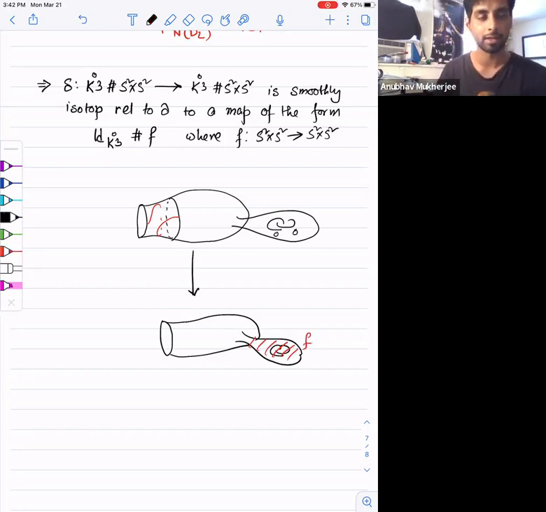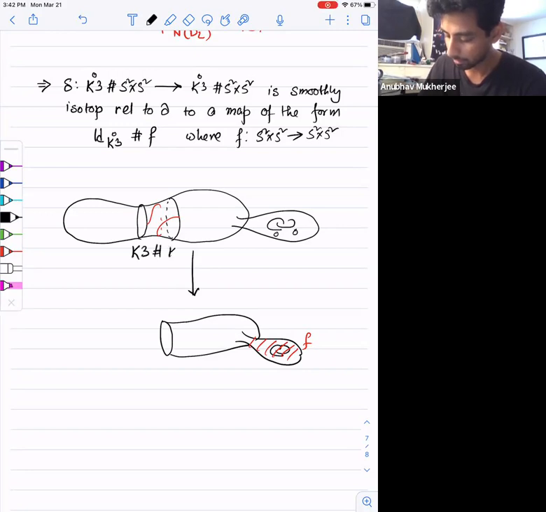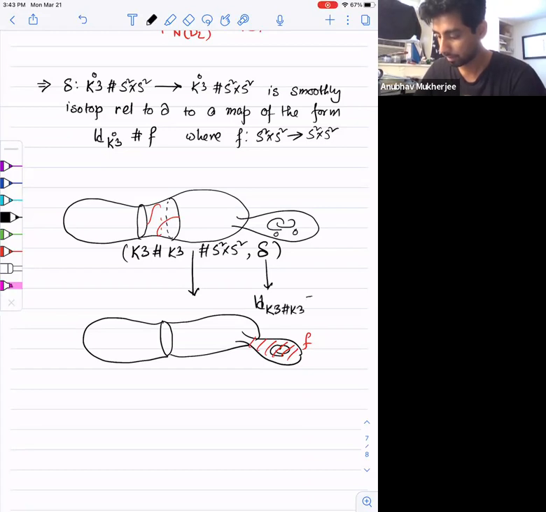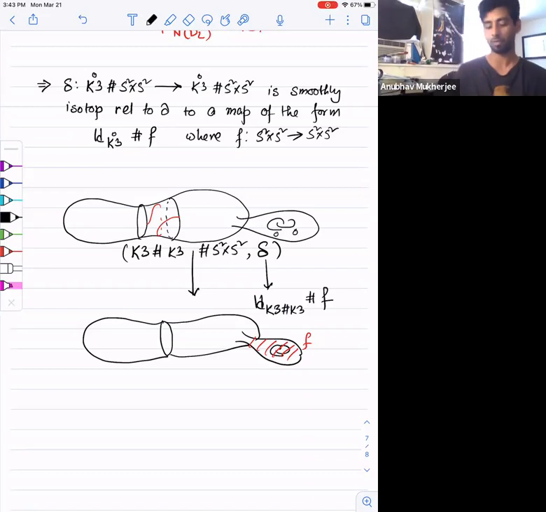To make it a concrete closed manifold, we can always glue another copy of K3 here. So let's say K3 connected sum K3 connected sum S2 cross S2. We had the diffeomorphism delta here, and since everything is happening relative to the boundary, that map delta becomes identity on K3 connected sum K3 connected sum a diffeomorphism F on S2 cross S2.